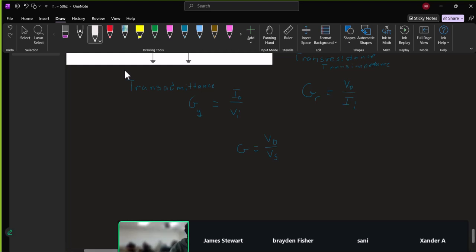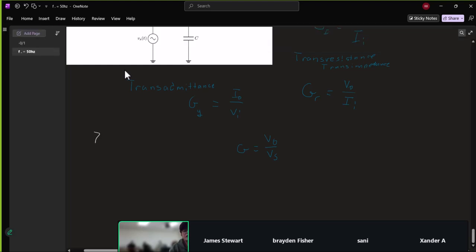And we know that in this particular circuit, our total impedance is R plus minus J over omega C.